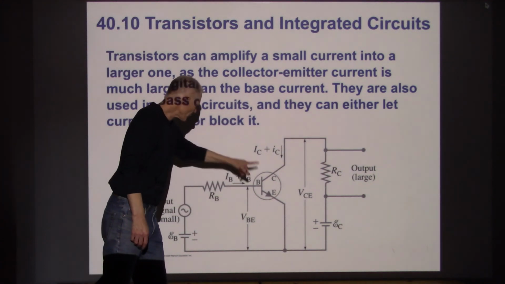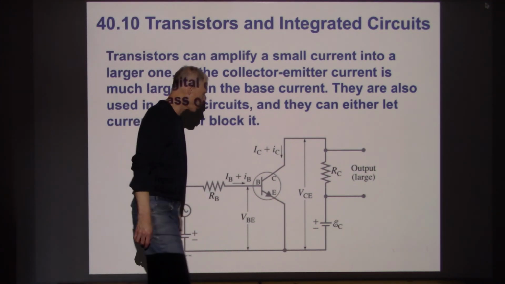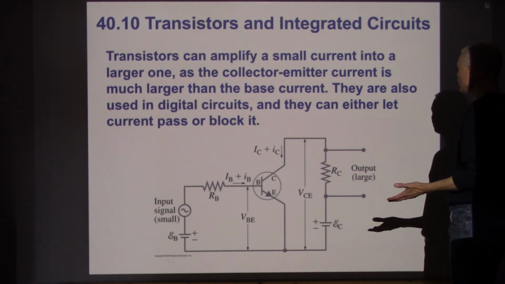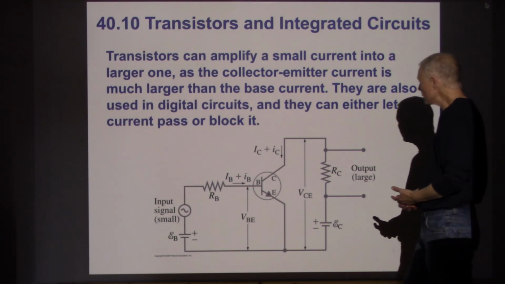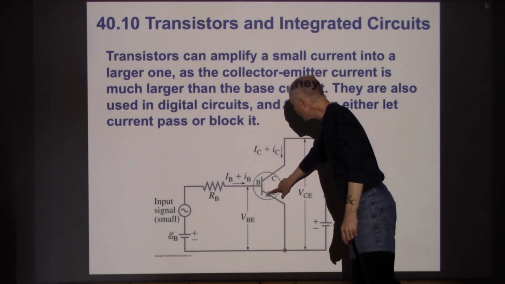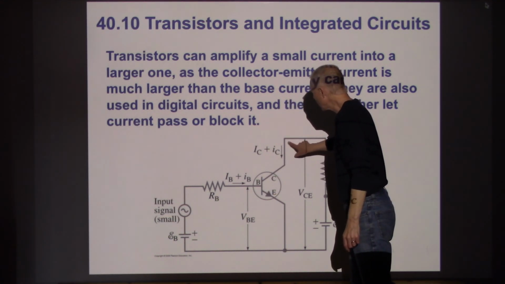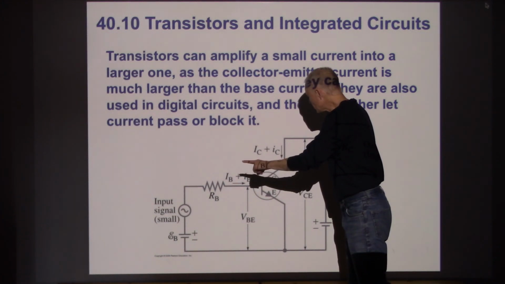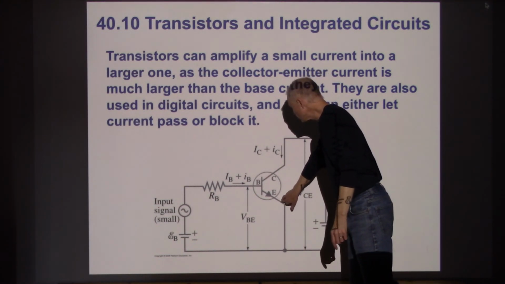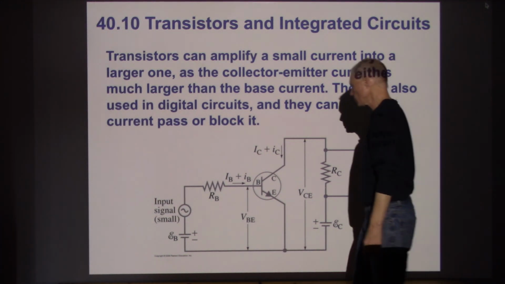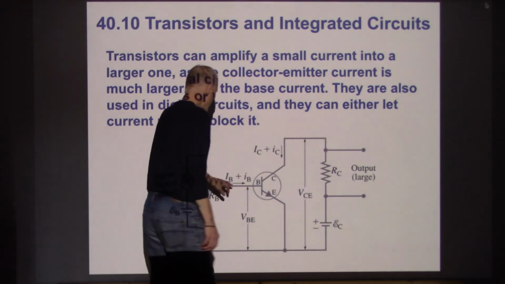And so this part of the circuit is driven by a voltage source, and this part of the circuit, this is probably an amplifier circuit, and so these transistors can be designed so that the portion of current coming through these 2 directions is proportional to the signal that's coming in through the base.